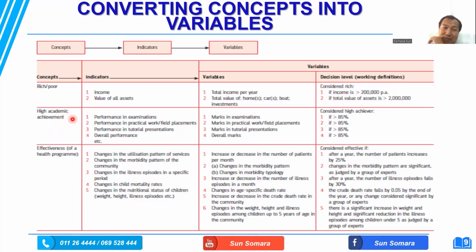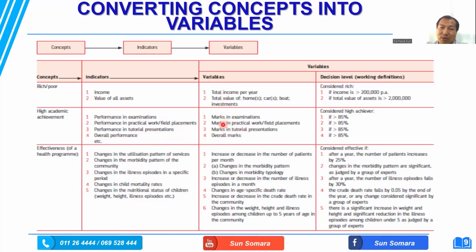High academic achievement, for example. This one focuses on performance in examination, performance in practical work and field placement, performance in tutorial presentation, and overall performance, etc. This is the indicator.